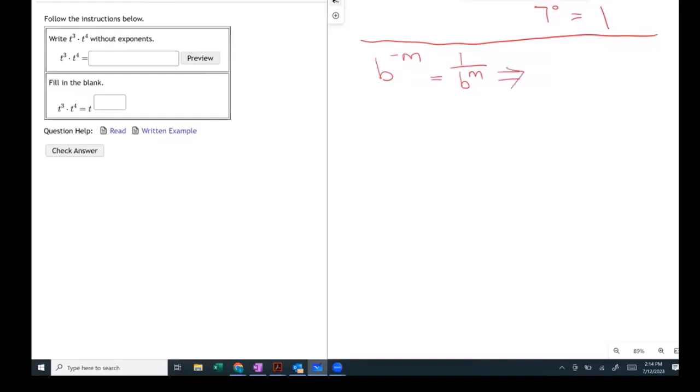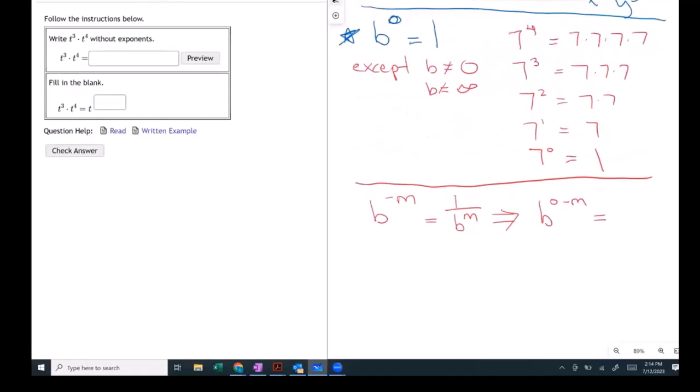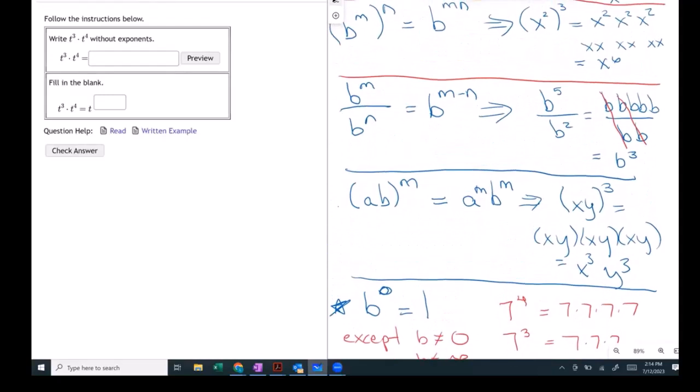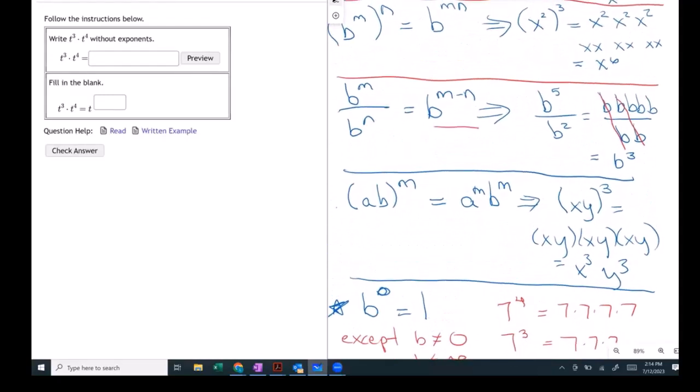How does that work? Well, let's see. This is really the same as b to the 0 minus m. When I use my division rule, notice I subtract. If m is 0 and n is some number, that's really the same as b to the 0 over b to the n.